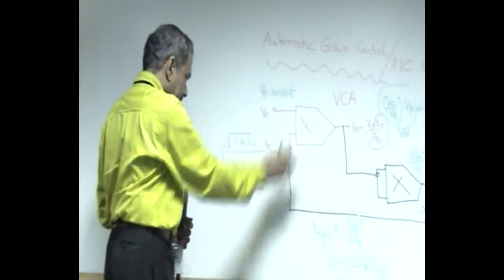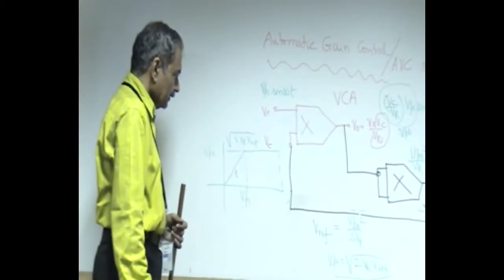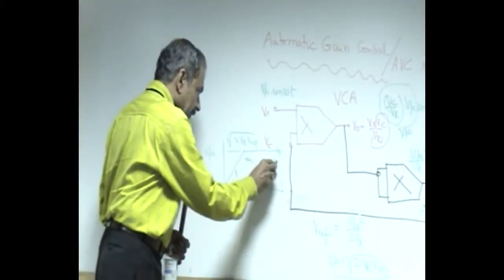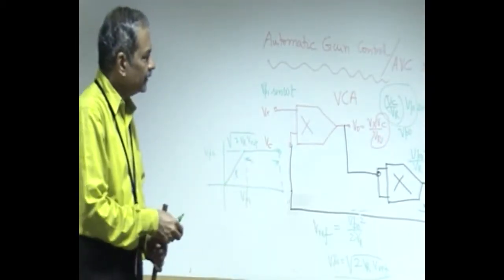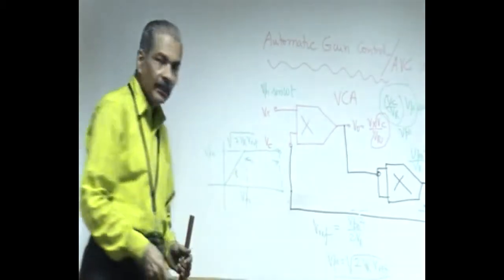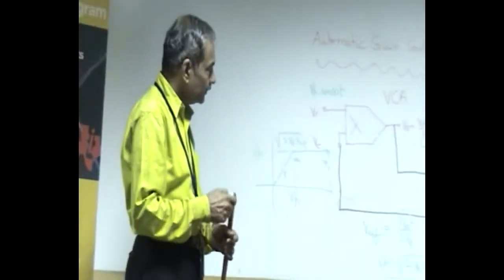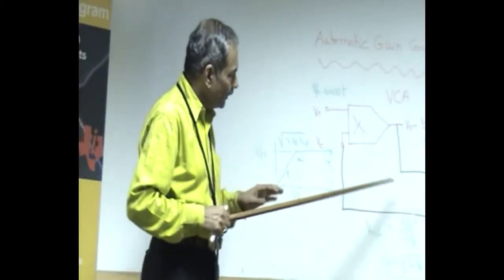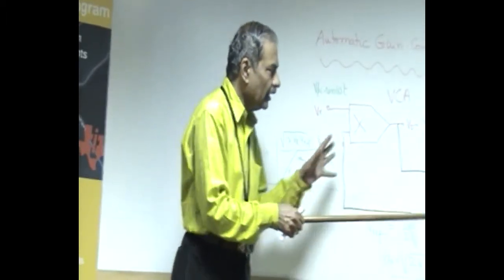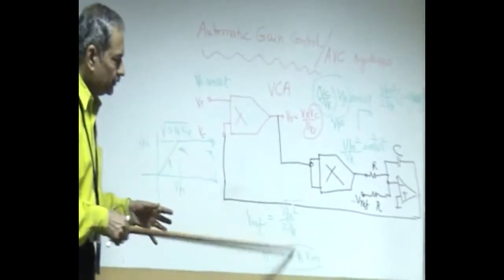The multiplier stops functioning as a voltage controlled amplifier thereafter. So this is the dynamic range within which AGC is effective. This is the lock range, in which this particular AGC loop is getting locked to this particular amplitude right here.